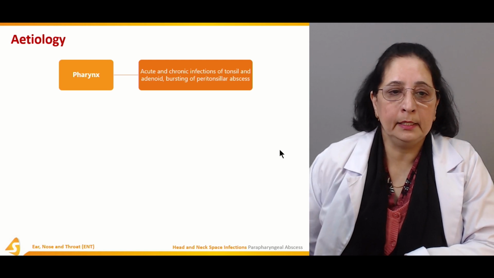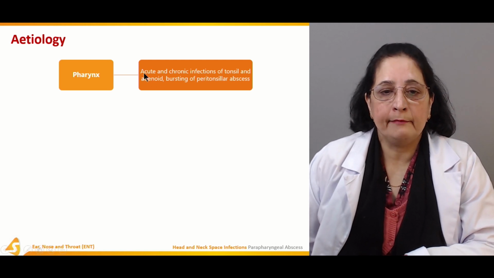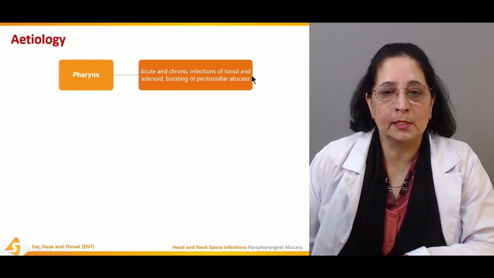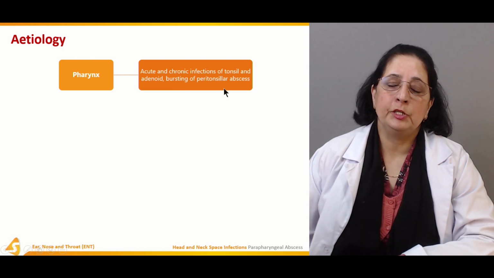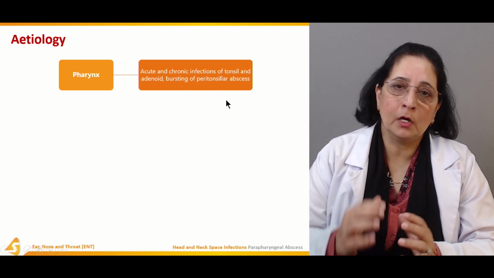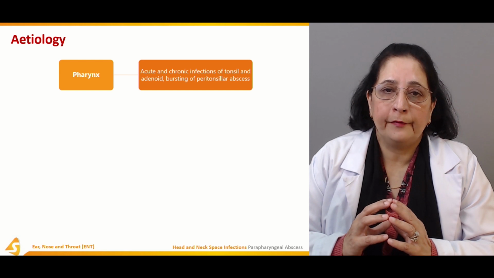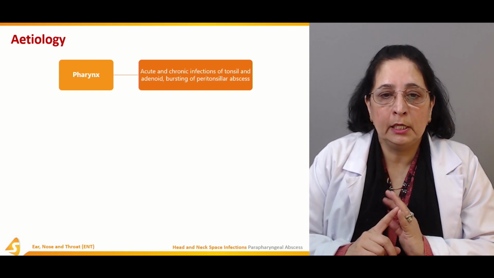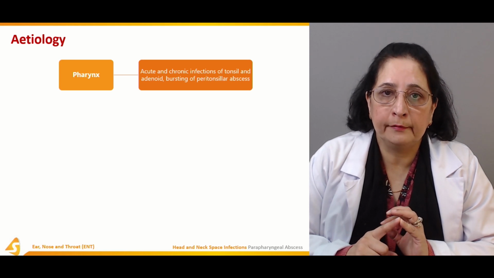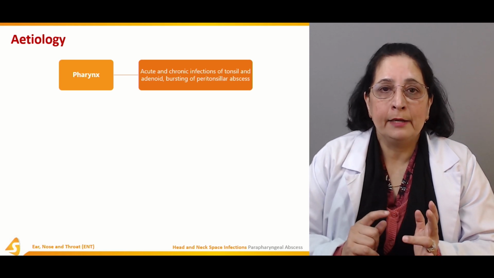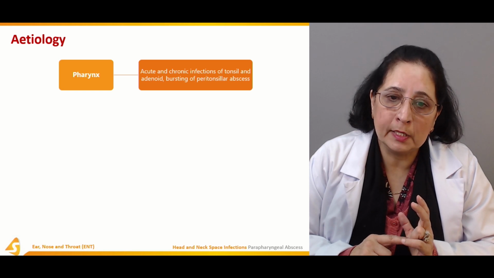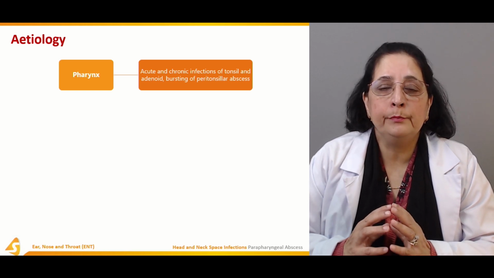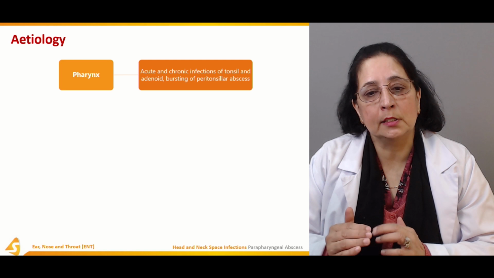Causes are in the pharynx: we have acute and chronic infection of tonsil and adenoid, and bursting of peritonsillar abscess. So the causes of parapharyngeal abscess can be acute and chronic tonsillitis, infection of the adenoids, and then any bursting of peritonsillar abscess.